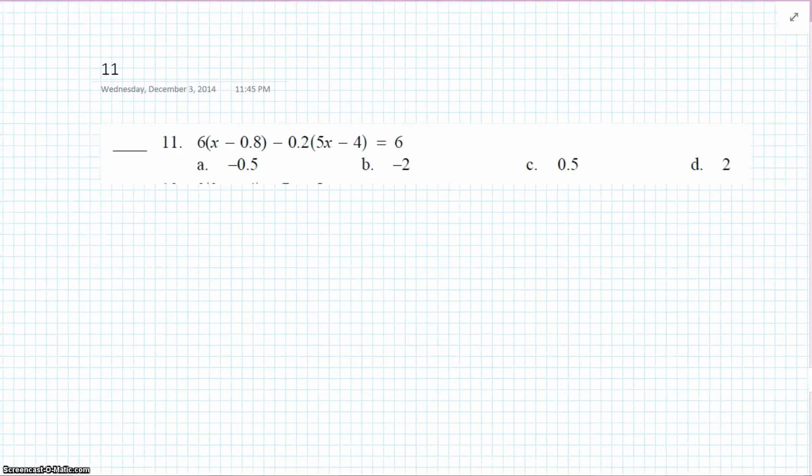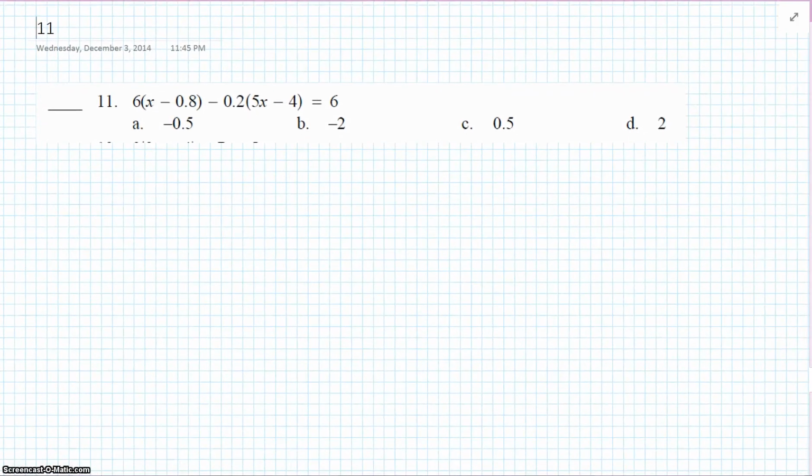Alright, number 11. Oh, just got to do a little bit of math, not a big deal. Distribute and solve for x. So we're going to distribute the 6. So we're going to get 6x minus 4.8. Okay, now we're going to distribute the negative 2.